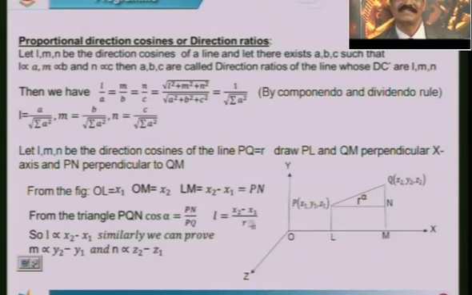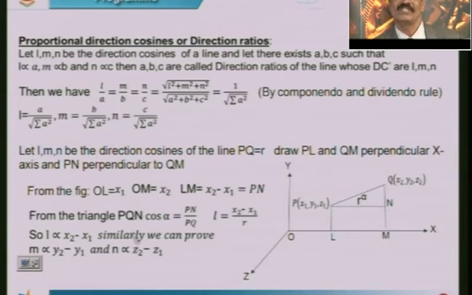Exactly similar to this, you can prove M is proportional to y2 minus y1. I mean M is y2 minus y1 by R. If you take this x axis as the y axis, then this distance becomes y2 minus y1 and this angle becomes beta.